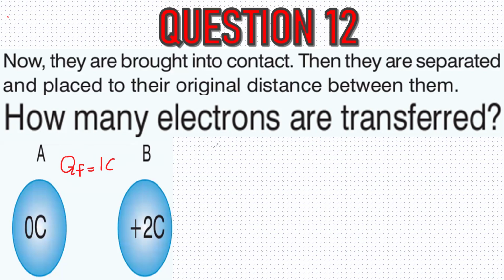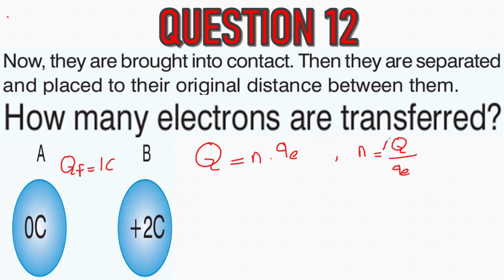Okay, now first of all, of course, we calculate the final charge, if they don't ask me another question. After that, Q equals N times QE. And then from this formula, we can write N equals charge over QE.